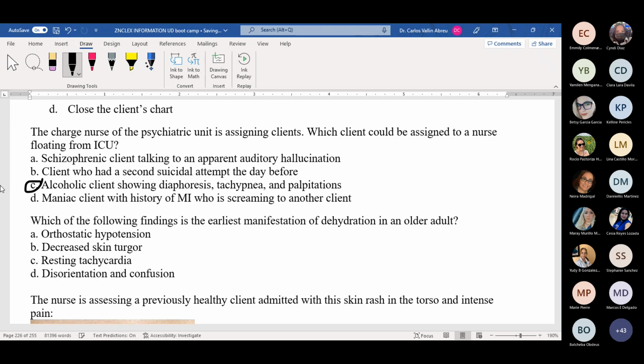And don't forget that those patients have a tendency to have hypoglycemia, low blood sugar, for two reasons. First, because they are alcoholics and have liver disease. The liver is where we store glycogen, the storage of glucose for when we are fasting. And apart from that, alcohol directly induces hypoglycemia. I think that is the most important thing to remember about alcoholism and alcohol withdrawal.